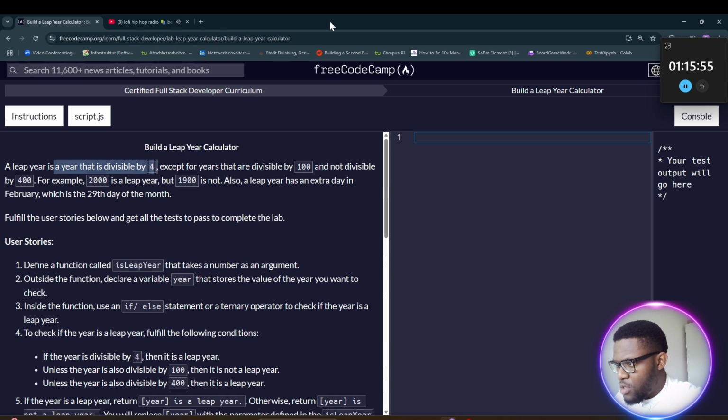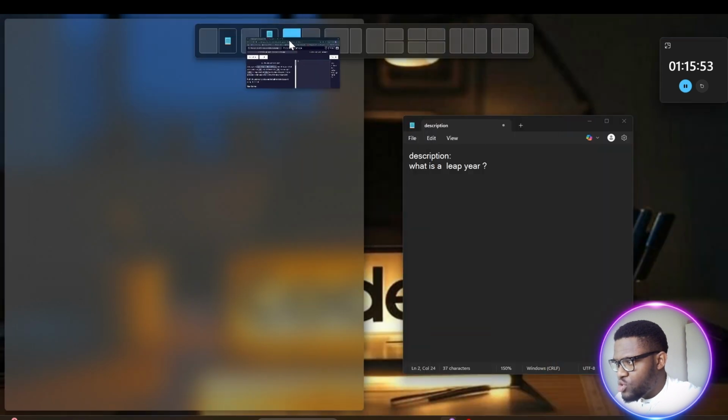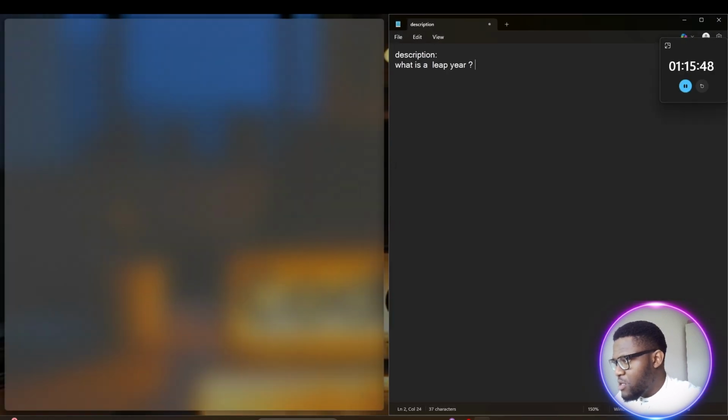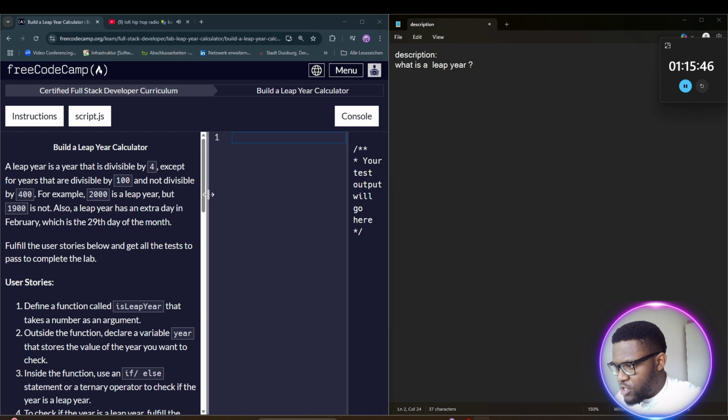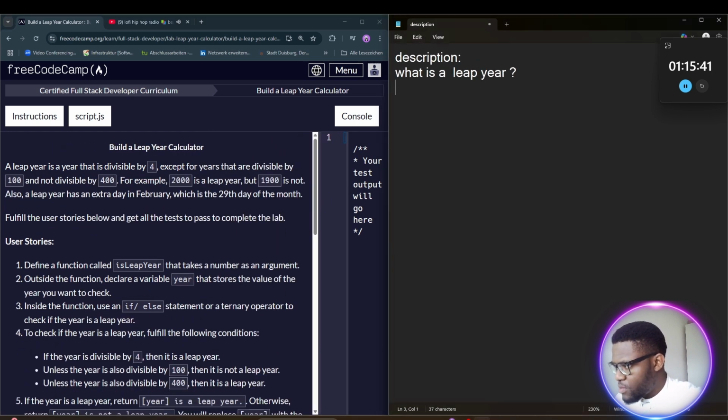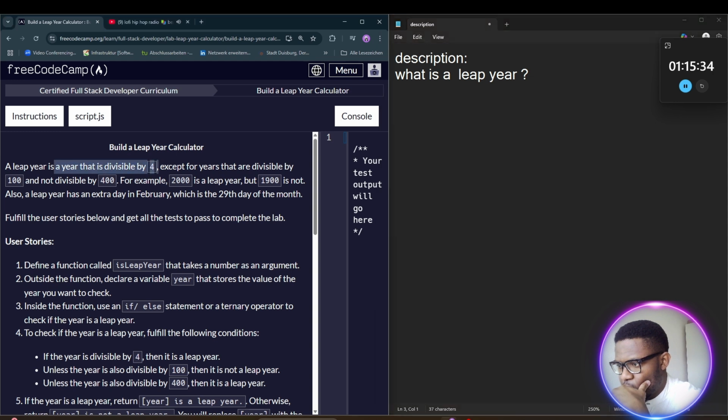Now I'm trying to understand the problem deeply before trying to code anything. So what's a leap year? A leap year is a year that's divisible by 4, except for years that are divisible by 100 and not divisible by 400.